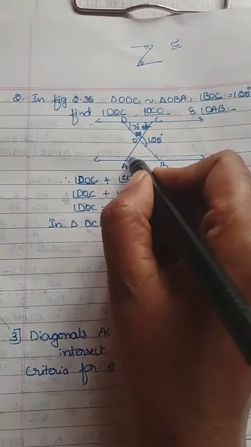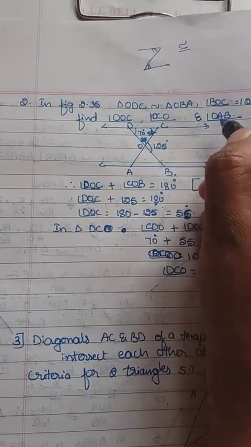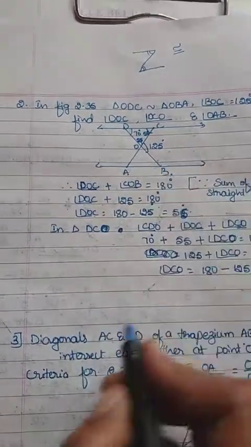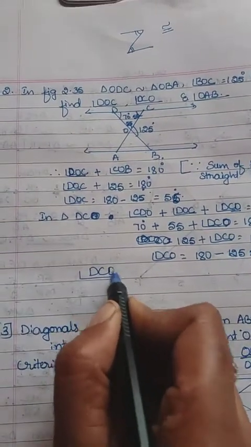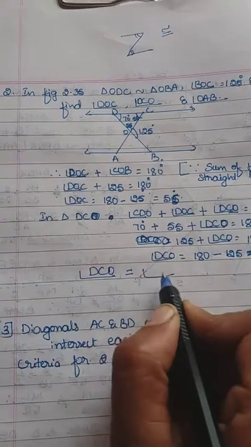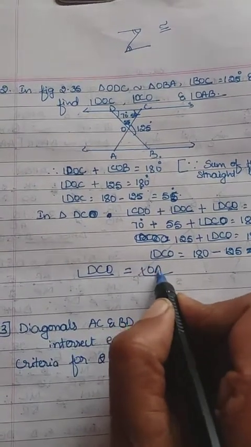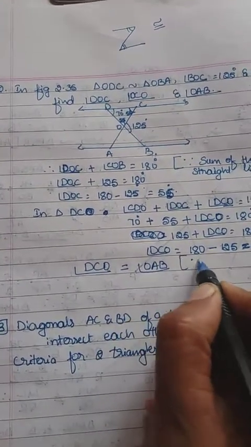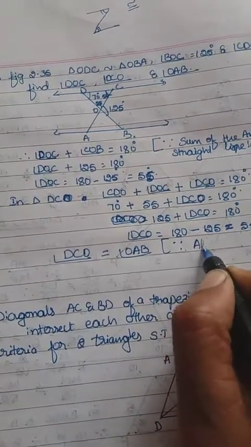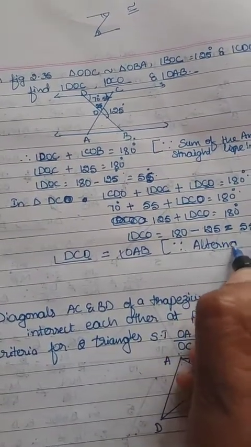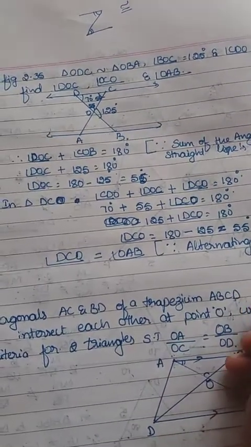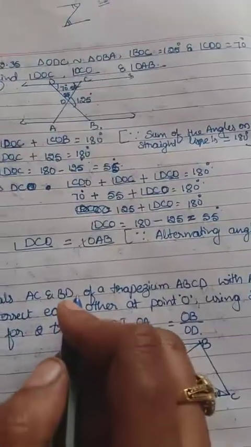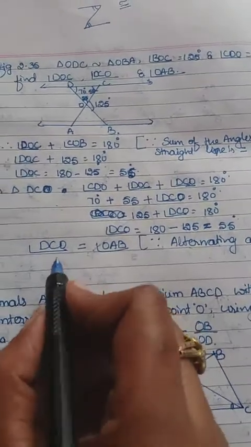So we can write angle DCO equal to angle OAB. Why? Because they are alternating angles, and alternating means the angles in a Z shape.